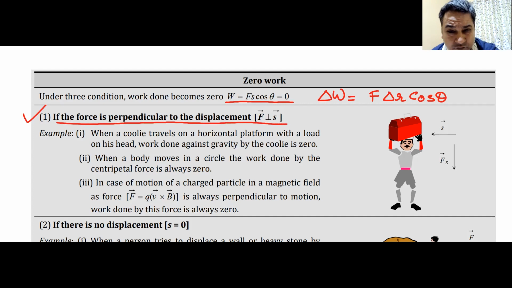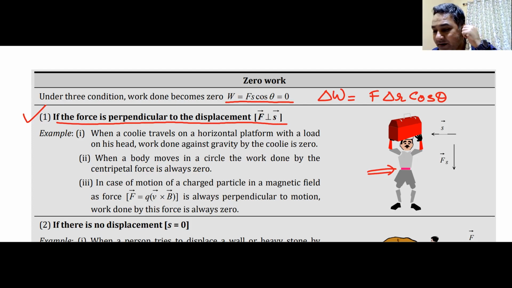As I said, work done in physics is different from work done in real life. This is a hard-working porter, coolie, we call them in Hindi. When he's lifting a heavy load on the top of his head and moving on a horizontal road, physics is sometimes funny. In physics, the work done by him or by gravity on him is zero because displacement is in the horizontal direction and the weight of this luggage is downwards.